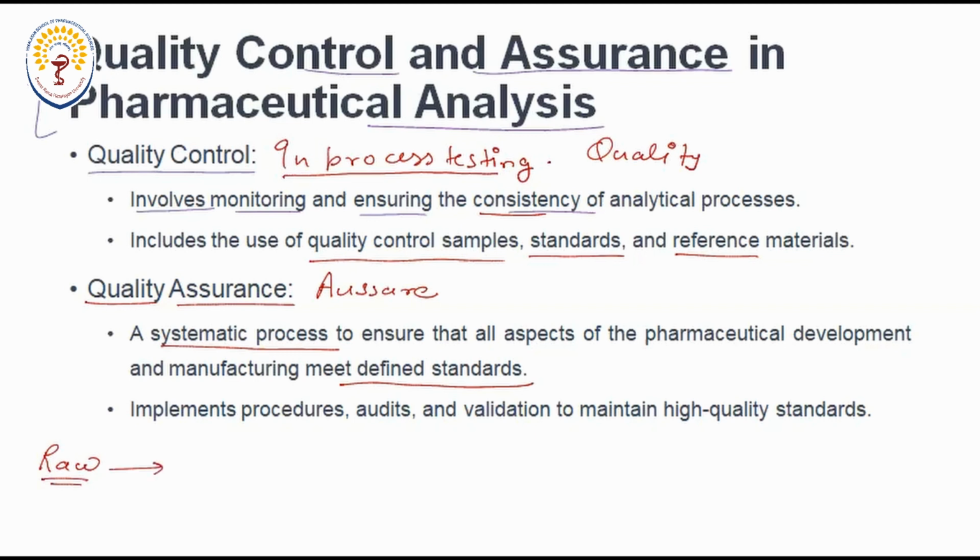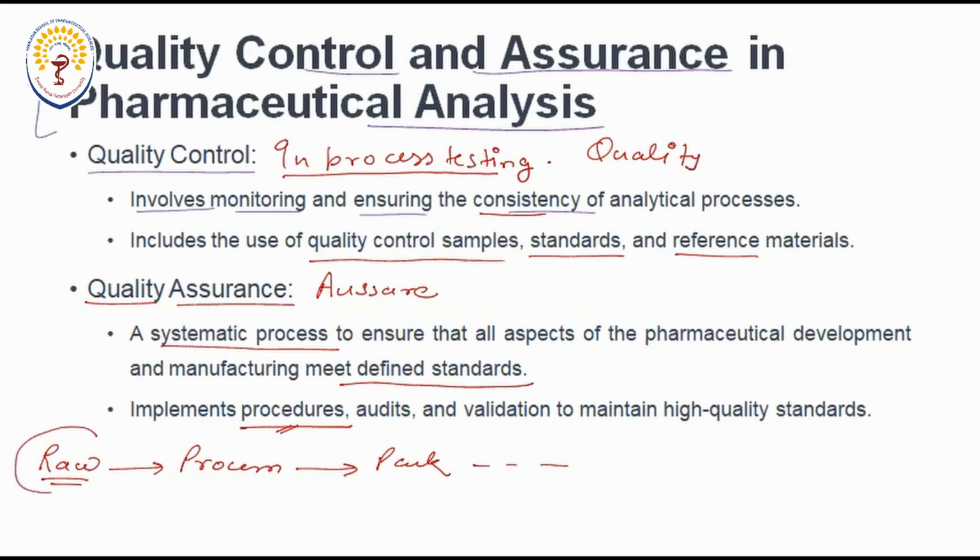You will take the raw material, then you will process it, you will do the manufacture, you will do the packaging and other things. So in quality assurance, there will be some guidelines, there will be some procedures that you need to follow. They are already set procedures that you are performing.